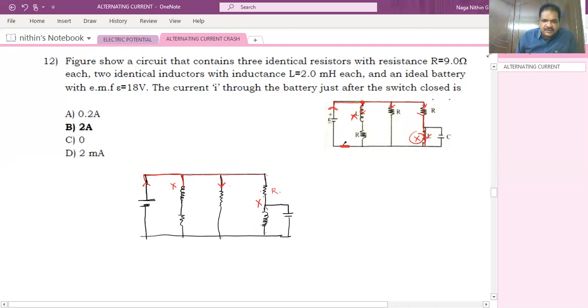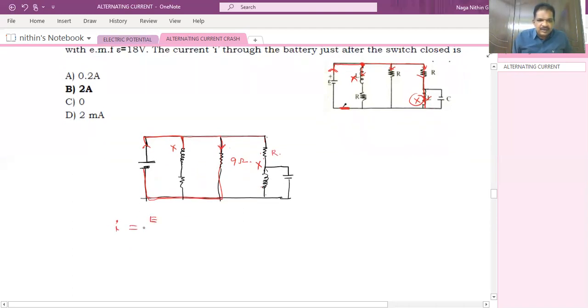These two are in series, so infinite plus 9 is again infinite. So current won't travel in this path, and the current will travel only through this resistor and reach the negative terminal. So only this 9 ohm is included. What is the current in the circuit? I is equal to V by R, or E by R. This value is 18.